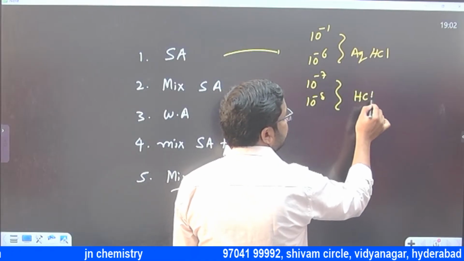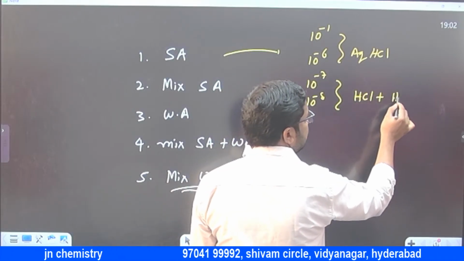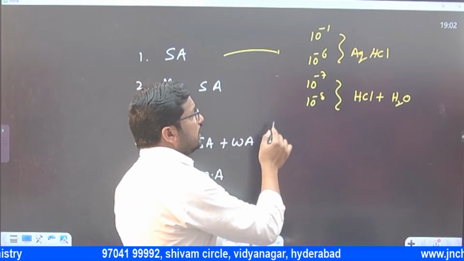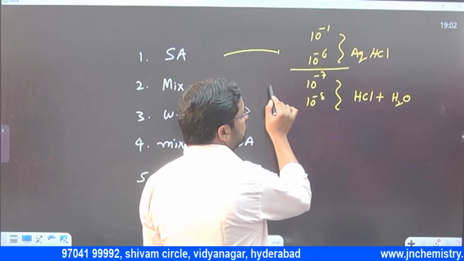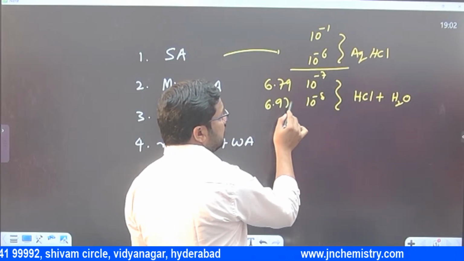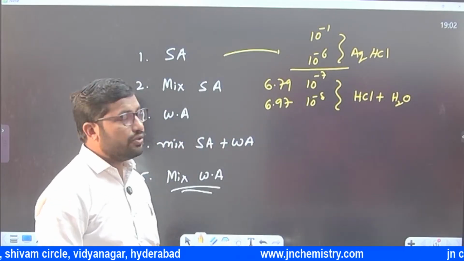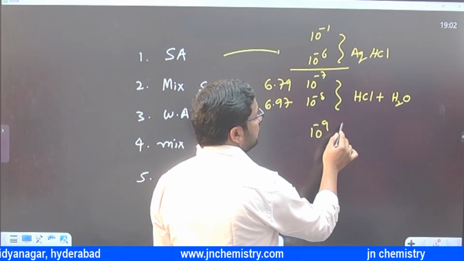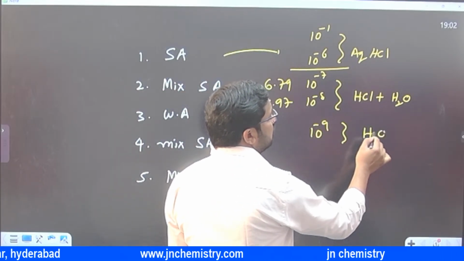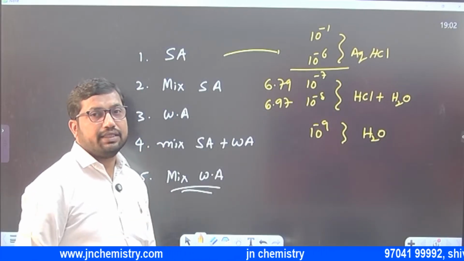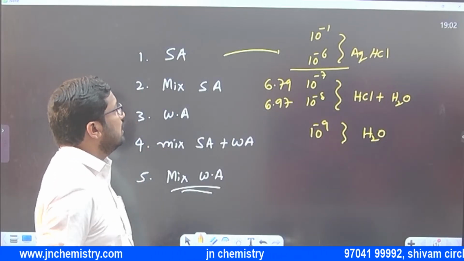So the H plus which is coming from acid as well as water we need to consider, right? So here the pH values are 6.79 and 6.97. If we are taking 10 to the power of minus 9, we'll take only water, because that is a highly diluted case.